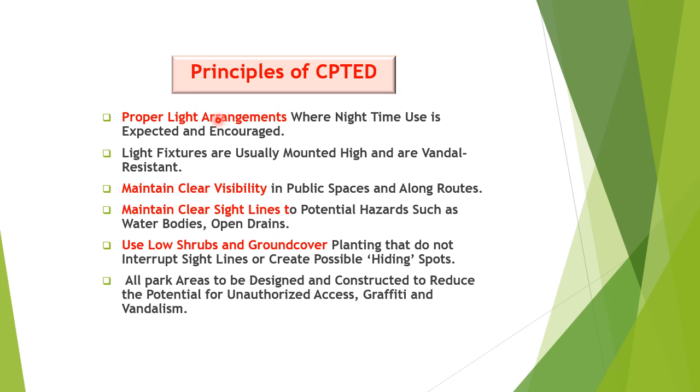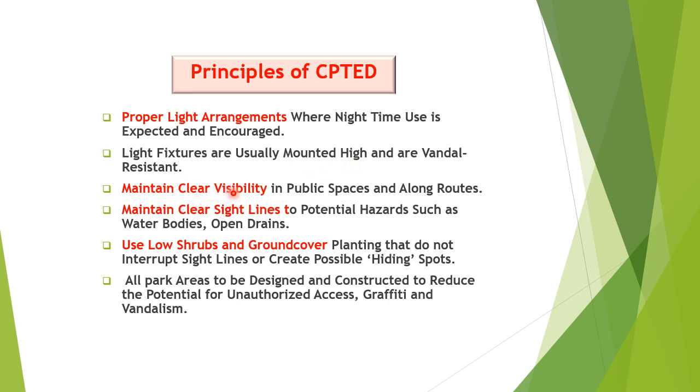You have to go for proper light arrangements, especially where nighttime use is expected and encouraged. In those parks, you should use light fixtures that are usually mounted high and are vandal resistant. They should be mounted on high poles, so they will not be subjected to vandalism.